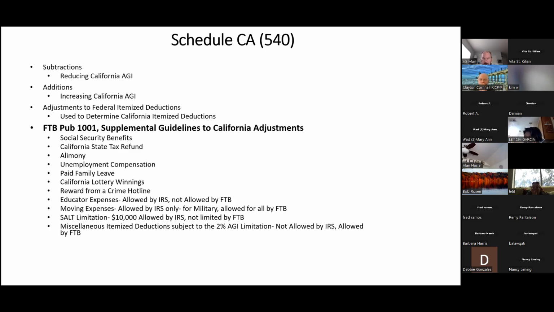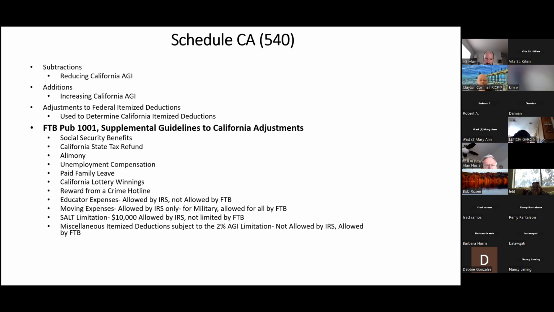As you go into the season, you may end up making a subtraction, reducing your California AGI, because California doesn't conform. Usually you'll hear the term conformity or non-conformity. There's also a term called partial conformity. But for our purposes in VITA, most likely conformity or non-conformity.